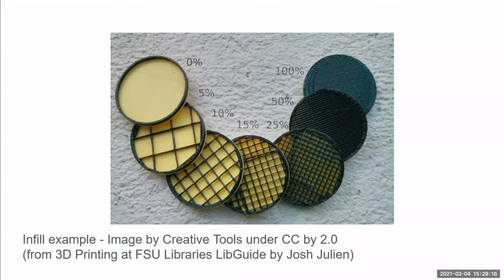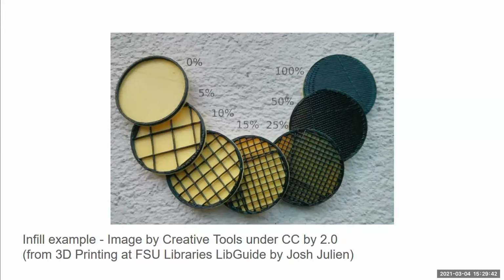If you want it to be still pretty light, but not immediately crushable, you might be able to get away with 5 or 10%, which will give at least some form of interior scaffolding to make that part stronger. If it needs to be something that's going to be put under pressure, 15, 25, 30, 40, 50%, something like that would probably be good, without resorting to making it completely solid.